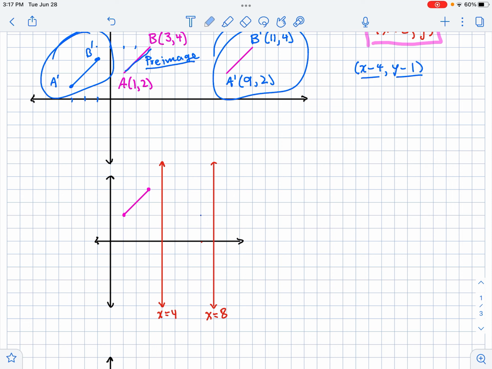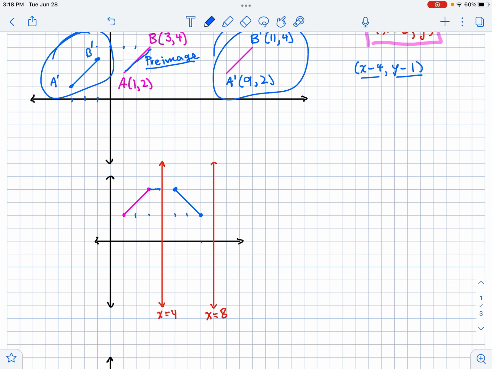So remember how we do that. We go over 1 unit here, so 1 unit over here. This is 1 unit from the x equals 4, so we're going to go 1 unit on the other side. This is 3 units, so we go 3. Okay, so notice we have reflected that pre-image.